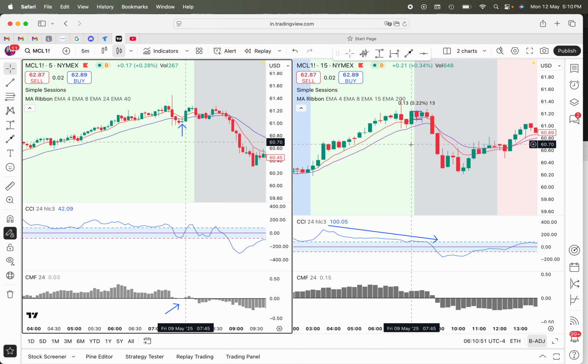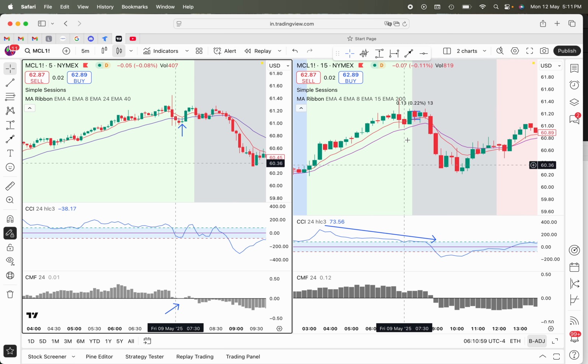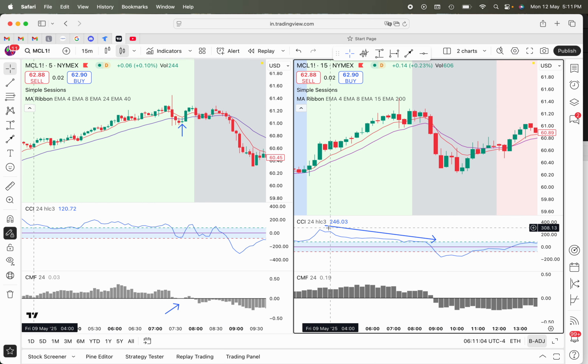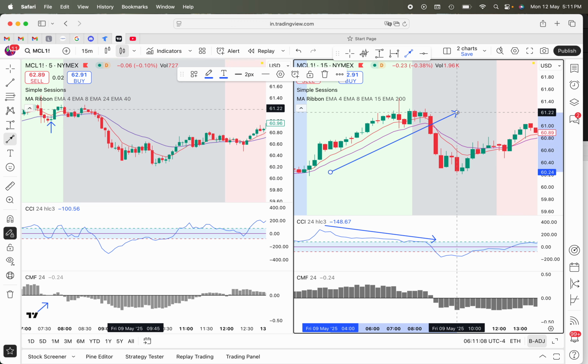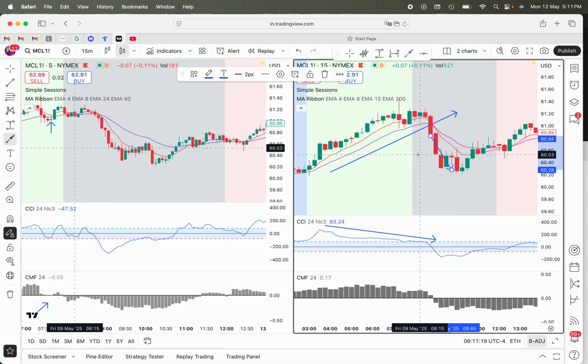So how do you know when it's a good idea to just stand aside? Well, the 15-minute chart's always the parent chart, and this is what I look at. Straight away, it's really obvious to me that price is going up, but the CCI is pointing downwards. There's divergence, which is saying there's a potential short about to happen.